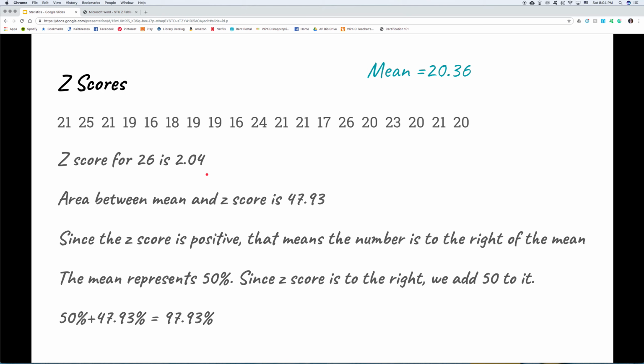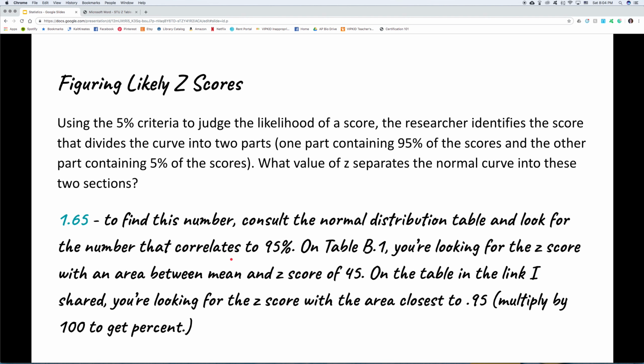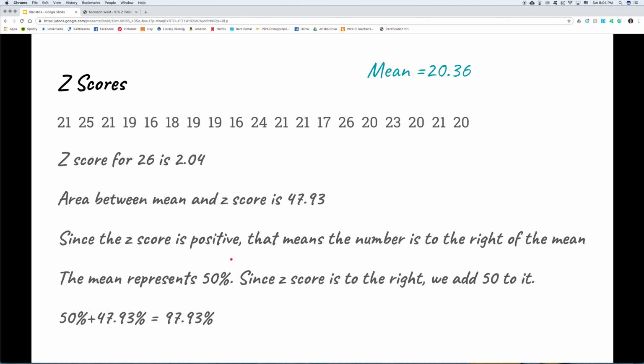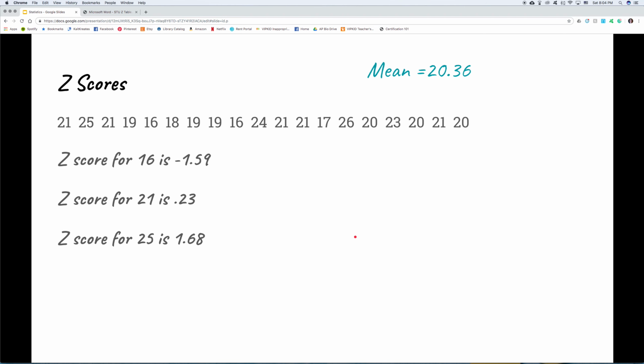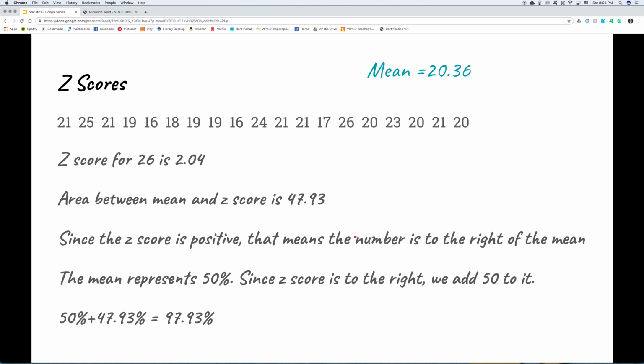So that means it's pretty far. That's a big number. So since the z-score is positive, that means the number is to the right of the mean. So if we're looking back at our little table here, the z-score is going to be all the way over here because it's like 2 point something. And so the area is 47.93.